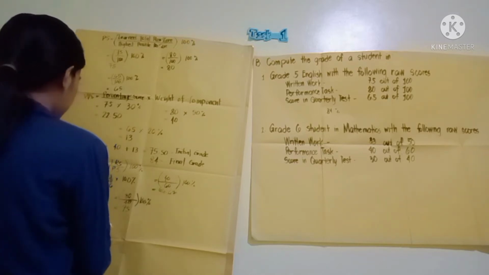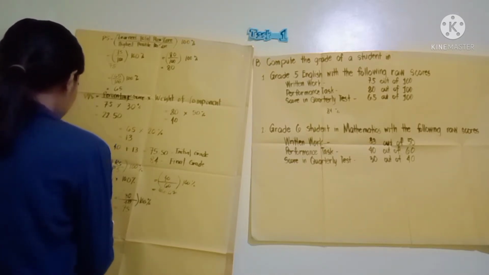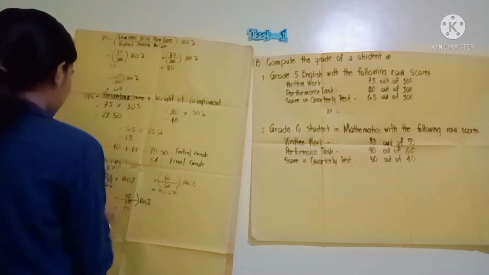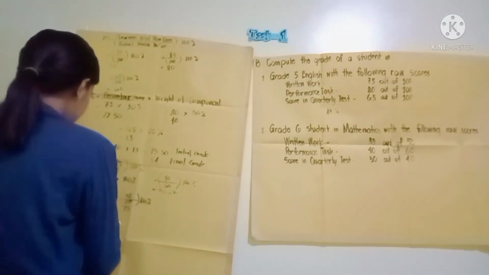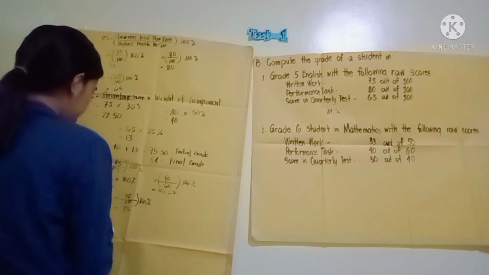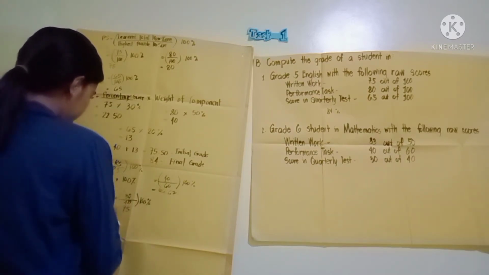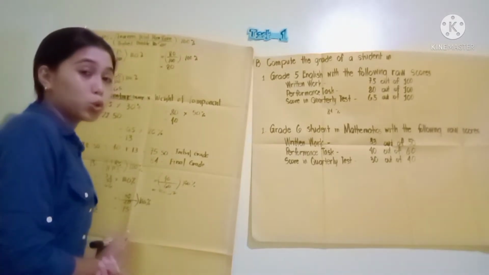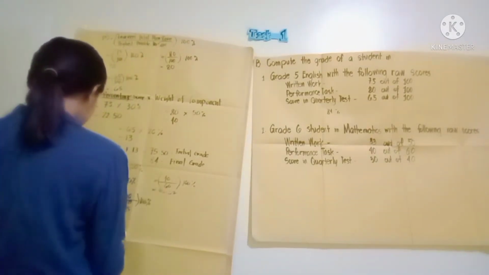We need to multiply the percentage score for the written work, which is 66, times the weight of component, 40%, is equals to 26.40.